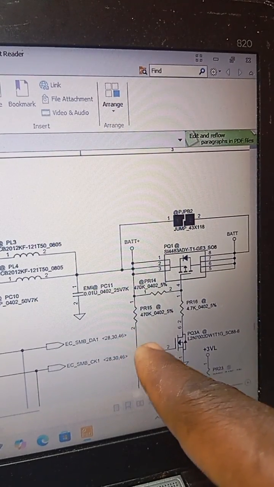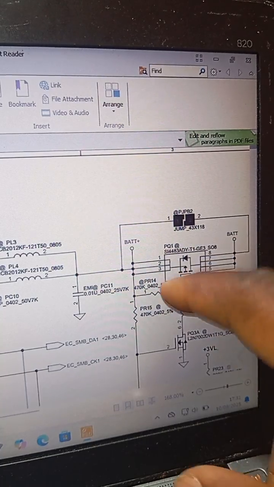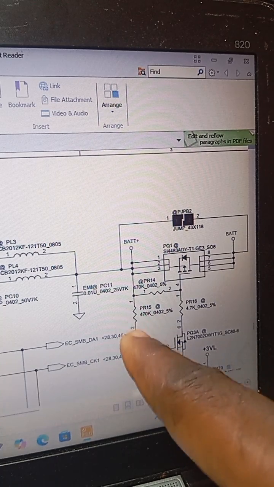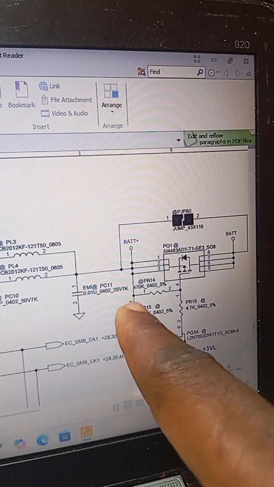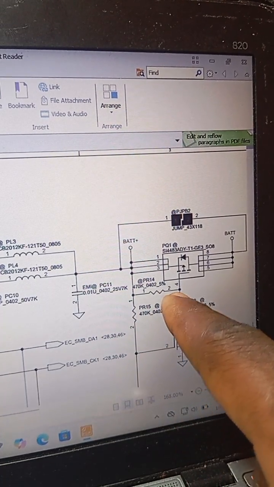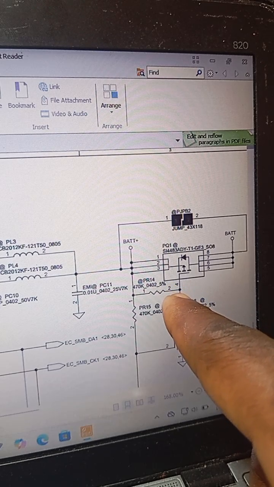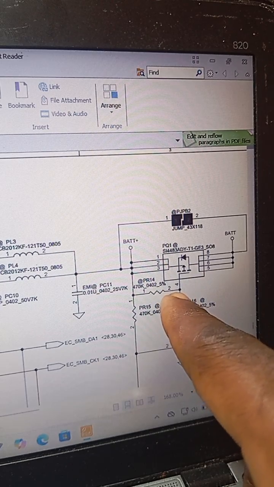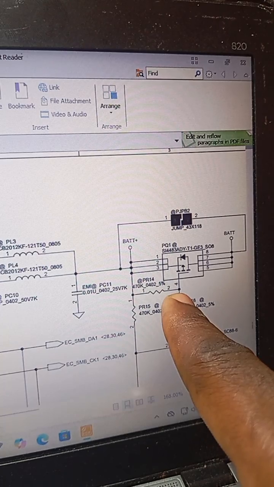This resistor is cascaded to protect this device. This MOSFET is being protected by this resistor. From pin 1 here, it is taken from pin 1 to 2, and the ground part of the MOSFET is connected to one leg of the resistor.